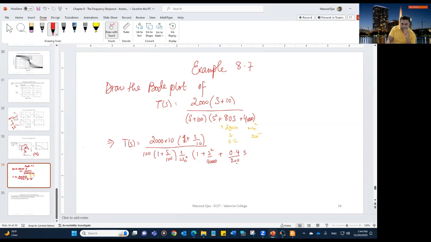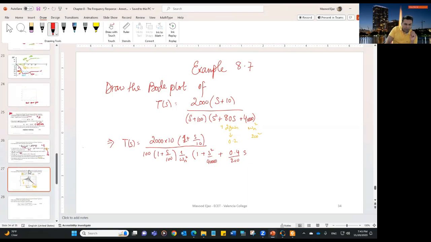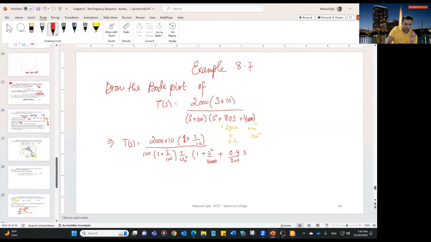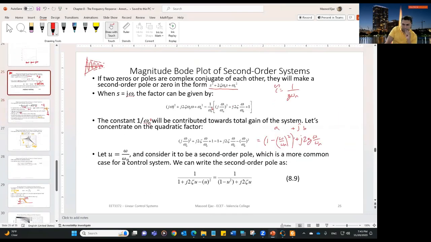Let's see, omega n squared. We're taking omega n squared as a common factor. I keep forgetting it. I have to go back and check. 0.2 over omega n, right over here. 2 zeta S over omega n.